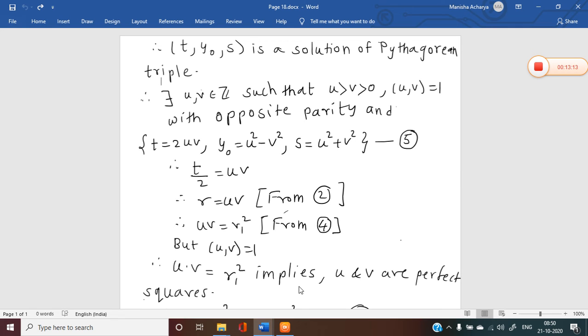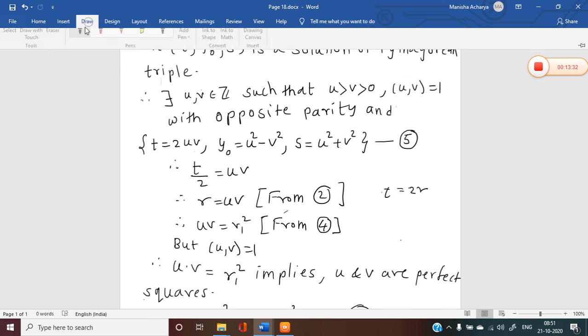Then here, since t is equal to 2uv, we get t by 2 is equal to uv. But we know that t is equal to 2r, which we have already defined in equation 2.